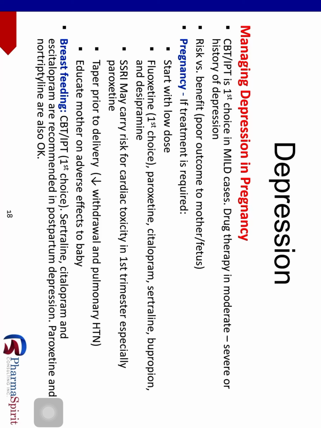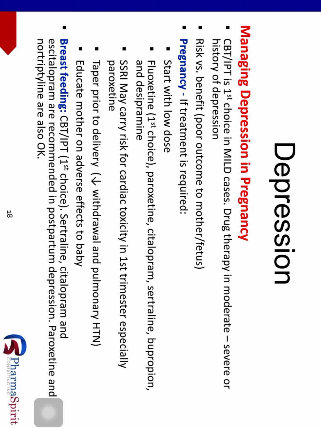So before we start pharmacotherapy in pregnant ladies who have depression, we need to consider the risk versus the benefit. If we decide that a treatment is required using pharmacotherapy, again, pharmacotherapy is required in 2 cases: pregnant females with moderate to severe symptoms and pregnant females who had a history of depression.